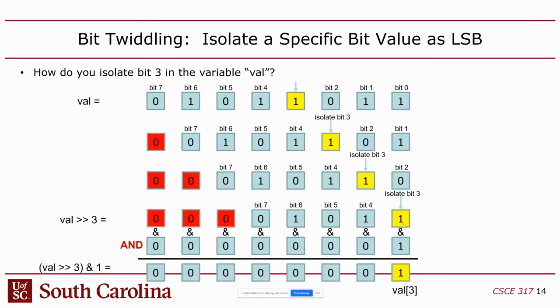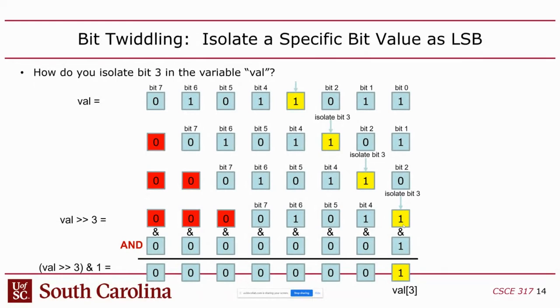And then you can do another bitwise and with the constant value of 1, and that will clear all the bits except for the least significant bit, which was the original bit 3. So the code for that in C would just be val shifted to the right by 3, and then bitwise and with the constant value 1.